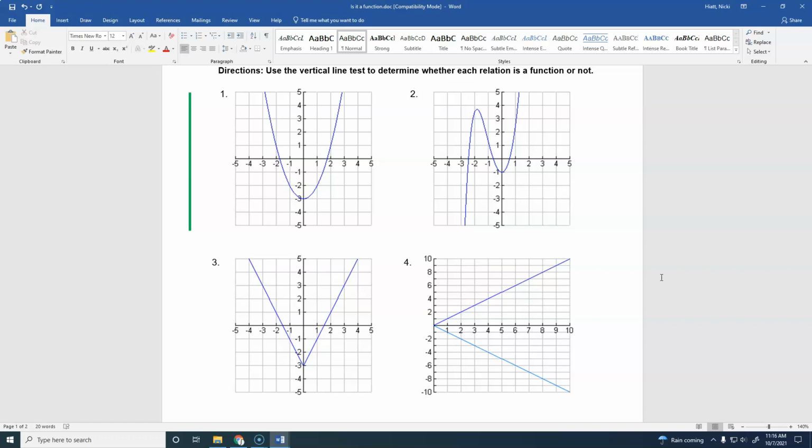You're going to use that vertical line test. So here I will move my vertical line here.